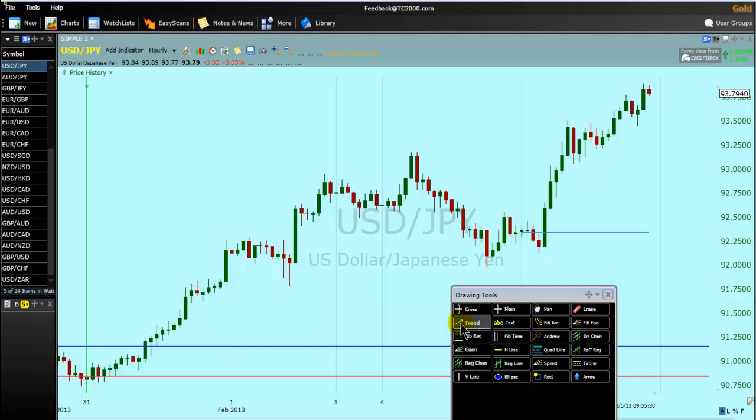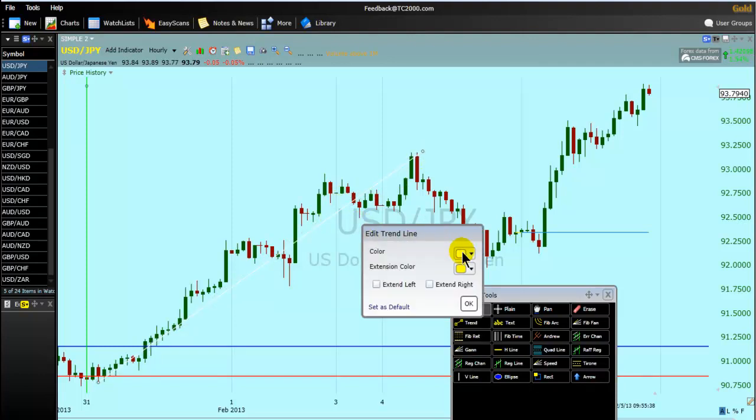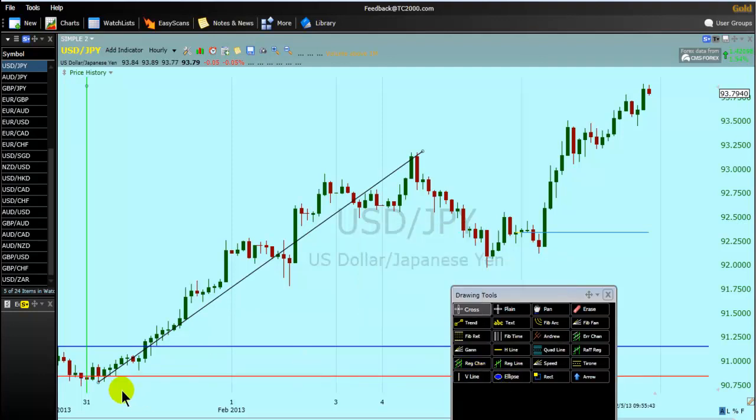So, like a little child, I will say that the price moves. Moment please. I'm going to color this line now into black. I will say that the price moved from here. From the 31st, the price moved to this level here.